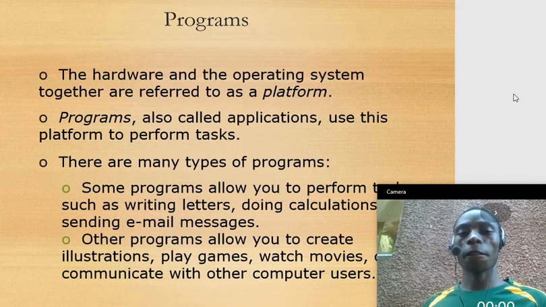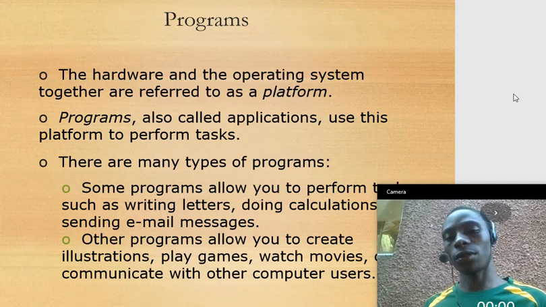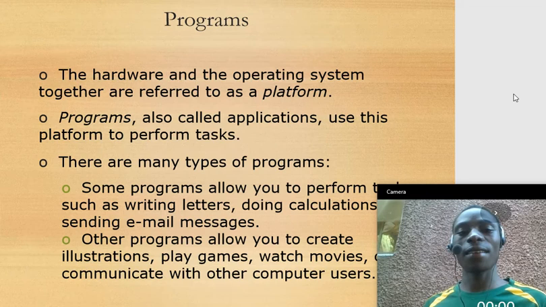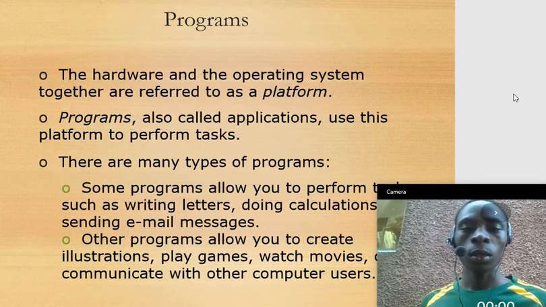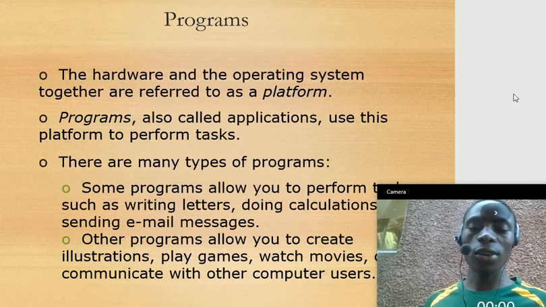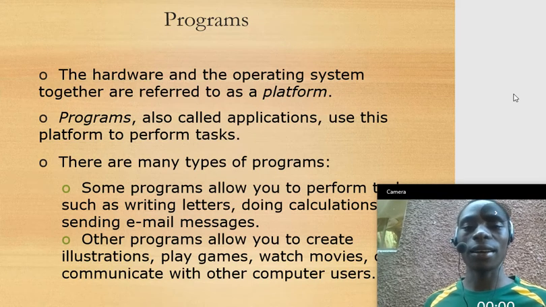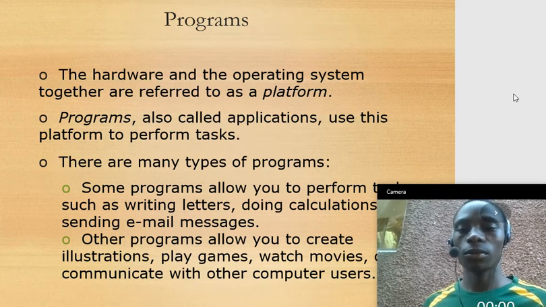The operating system is a software, and then we have other things. The hardware and the operating system together are referred to as a platform through which the computer system works.